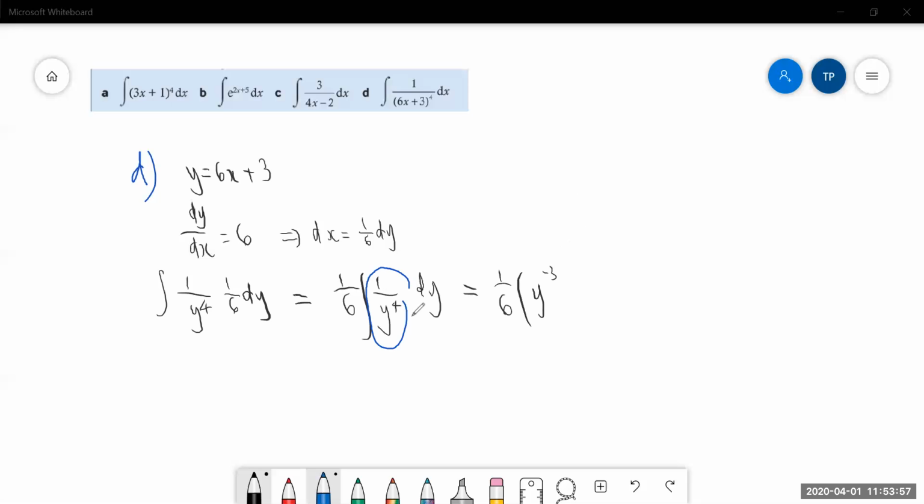Doesn't it become y to the -4? Am I right? Yes.